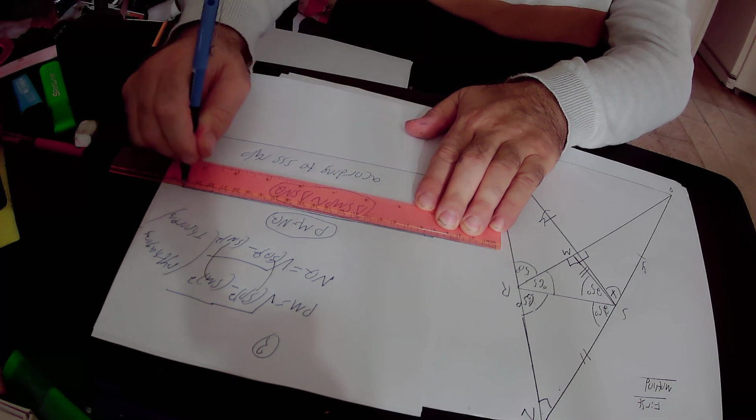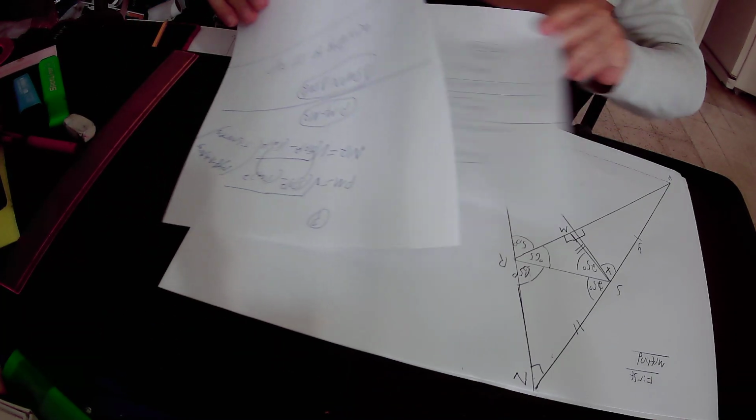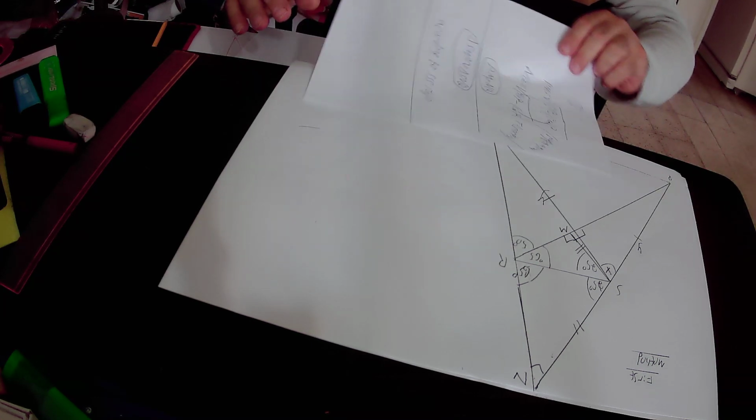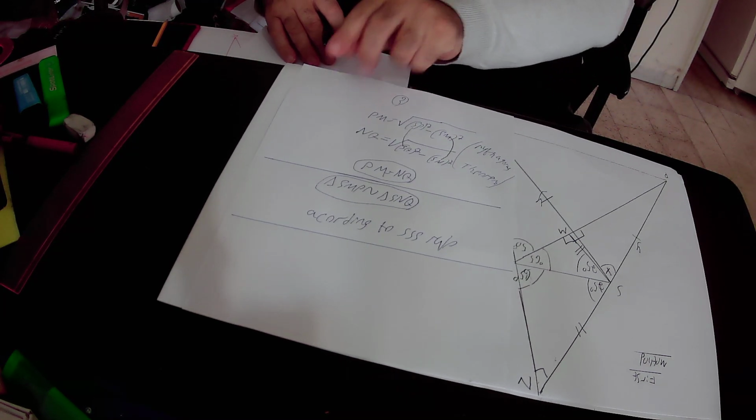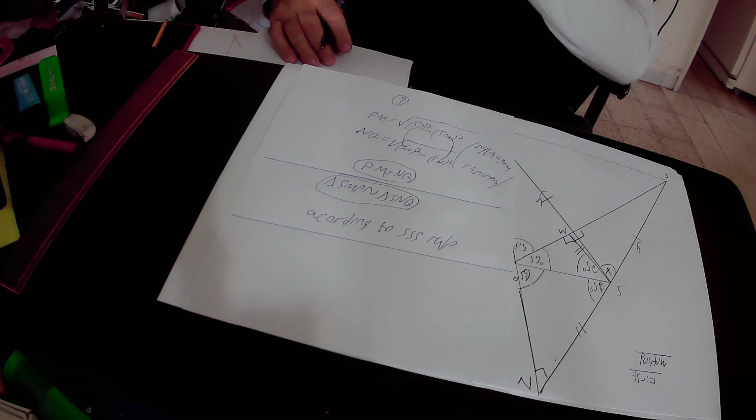So I will repeat again. Triangle SMP is congruent to triangle SNQ according to the side rule.